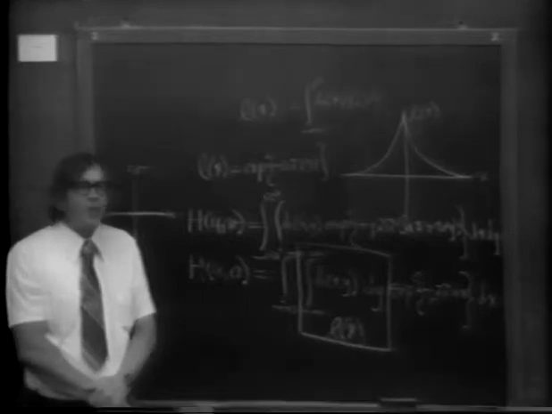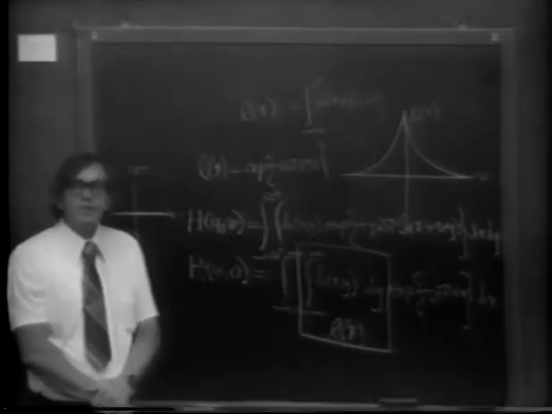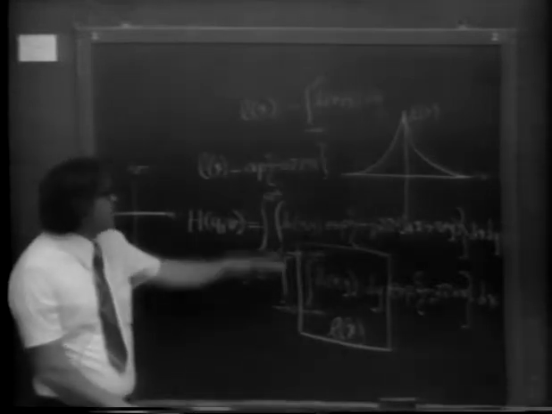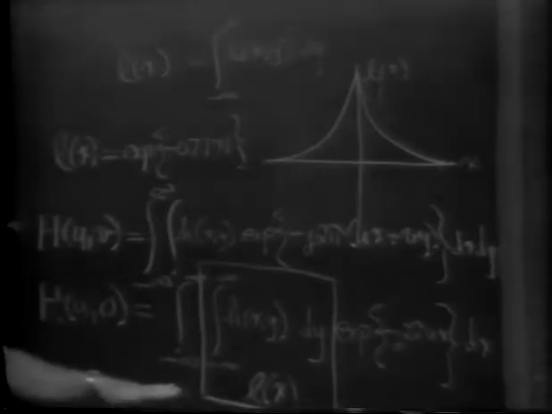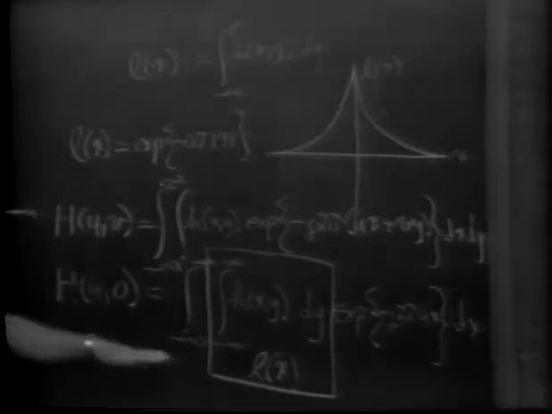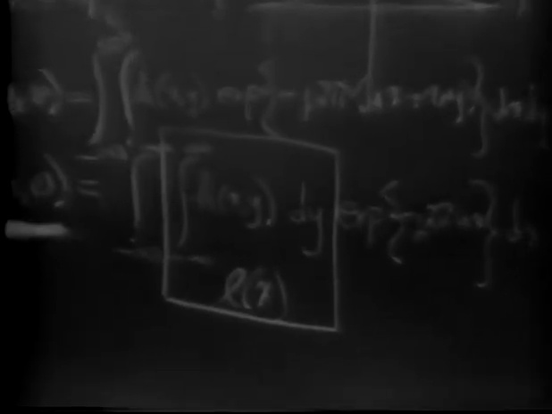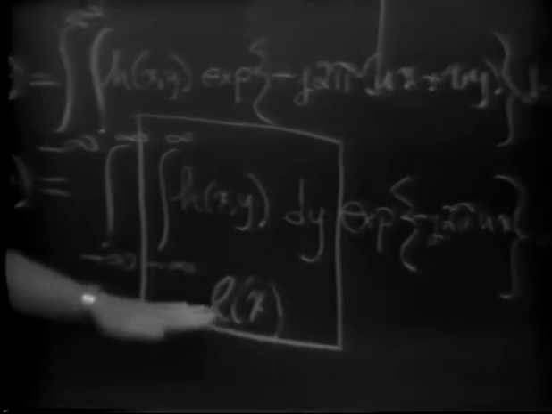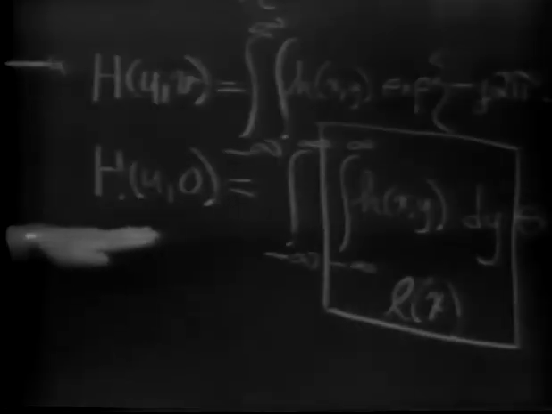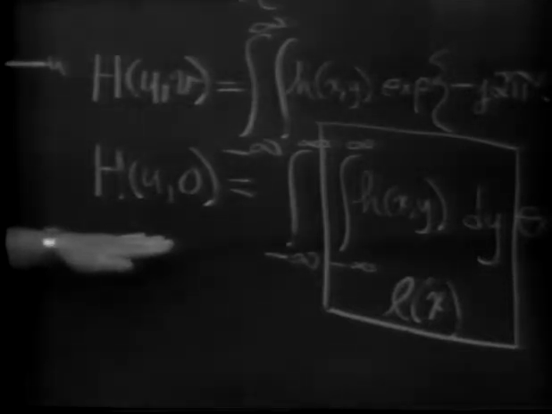As far as I know, Ron Bracewell was the first to write a paper in 1955 that used this particular idea, but this same idea was also in Papoulis' Systems and Transforms with Applications to Optics book that was written in 1969, where the basic thing that was observed was that the one-dimensional Fourier transform of the line spread function gave us one slice in the two-dimensional Fourier transform space.